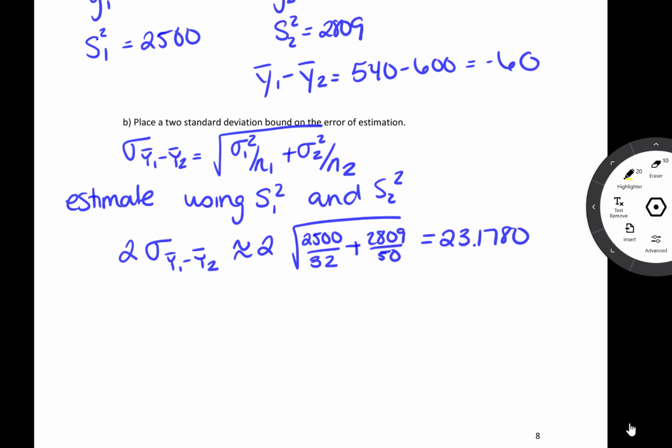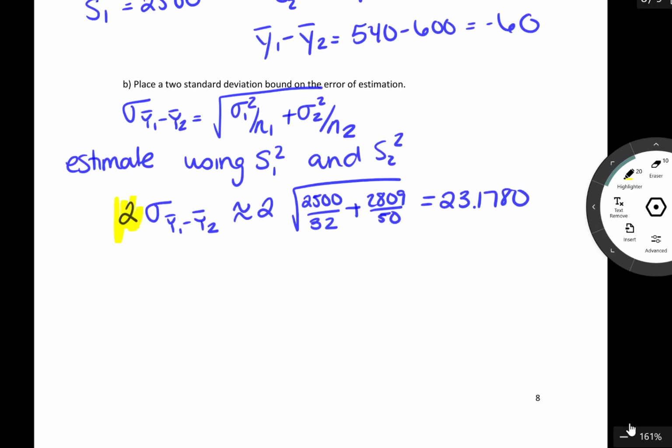So what this tells us is we estimate the difference in mean aptitude test scores for freshmen and sophomores to be negative 60 points. And further, we expect our error of estimation to be less than 23.178 points, with approximate probability 0.95. That approximate probability of 0.95, remember, is where that 2 is coming from, assuming normality and applying the empirical rule.